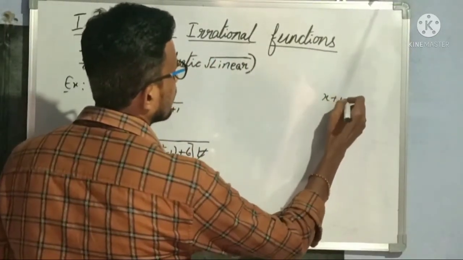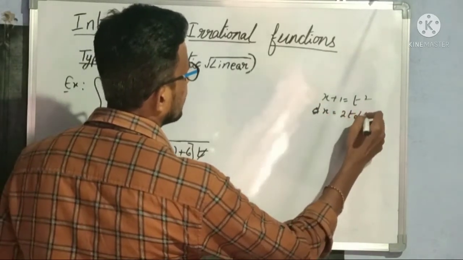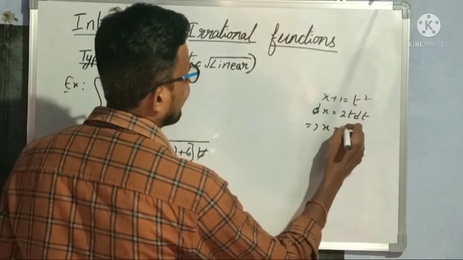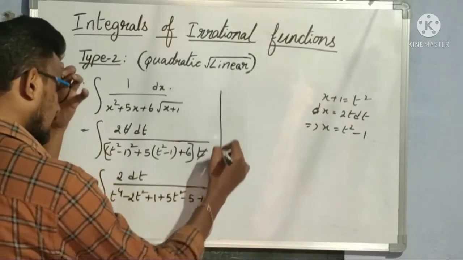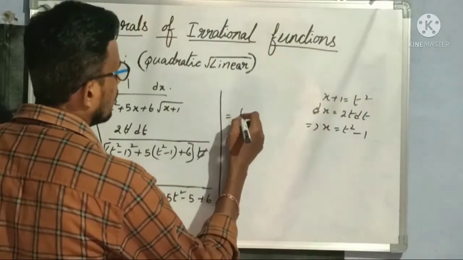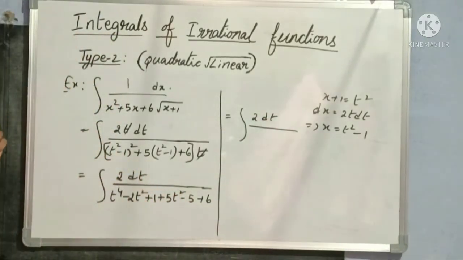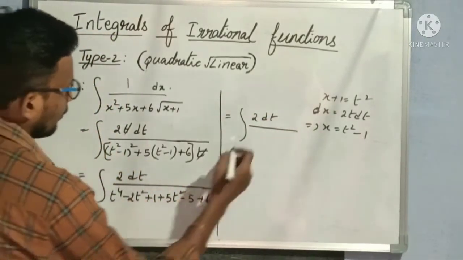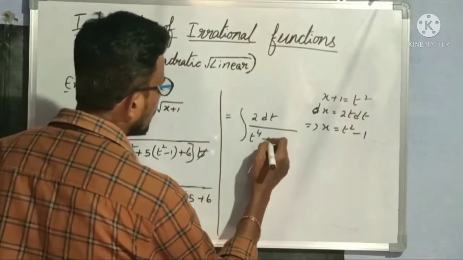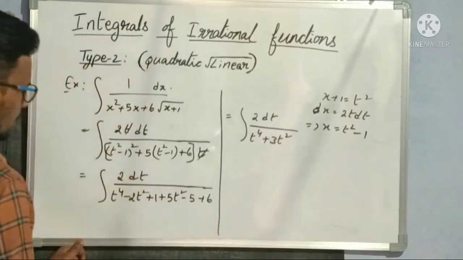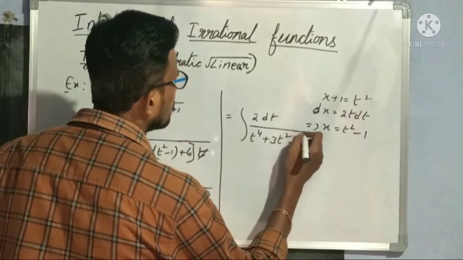Here on this side I will note: x plus 1 is equal to t square, dx is equal to 2t dt, so x is equal to t square minus 1. Now let us continue the problem. This is equal to integral 2 dt by t power 4 as it is, minus 2t square plus 5t square is plus 3t square, plus 7 minus 5 is plus 2.